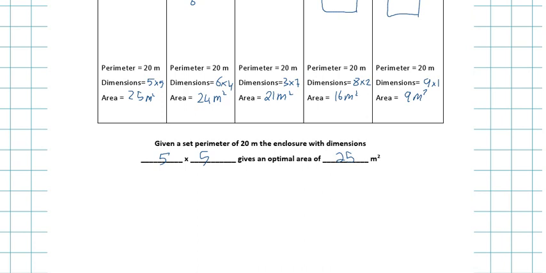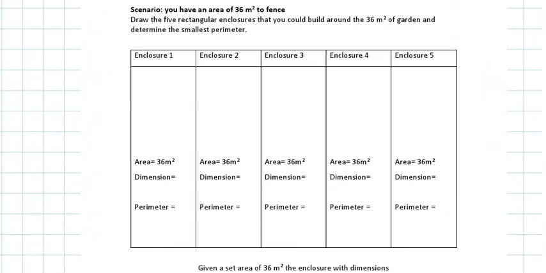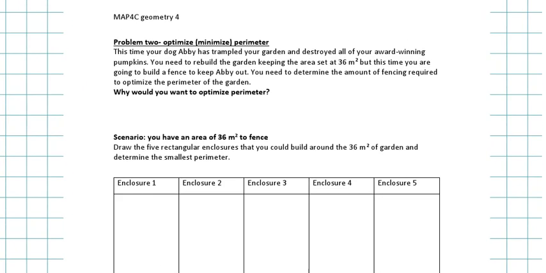Now, this time, your dog Abby has trampled your garden and destroyed all of your award-winning pumpkins. You need to rebuild the garden, keeping the area set at 36 meters squared.